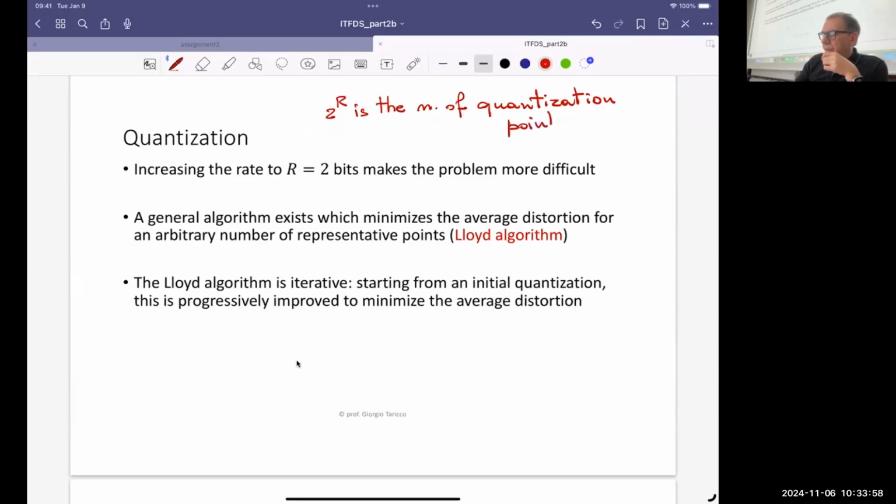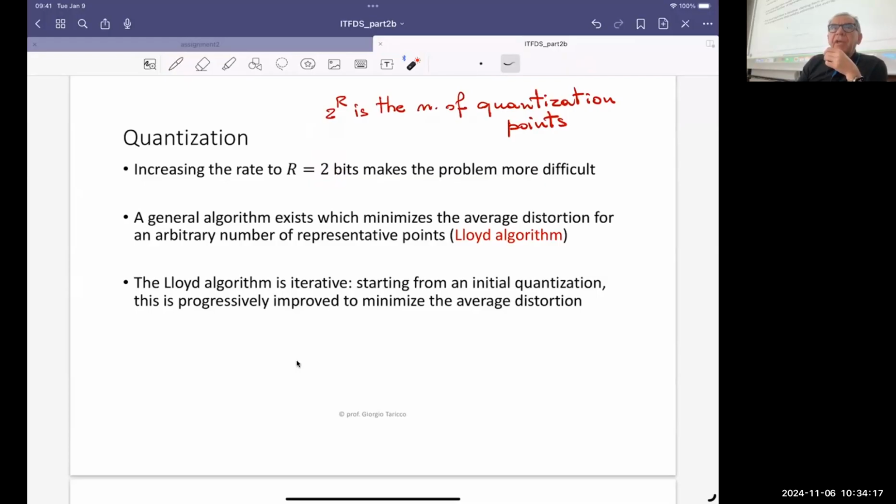So in the previous case, R was equal to 1, and we had 2 quantization points. If R is equal to 2, we're going to have 4 quantization points. And because of symmetry, we have 2 variables to consider.